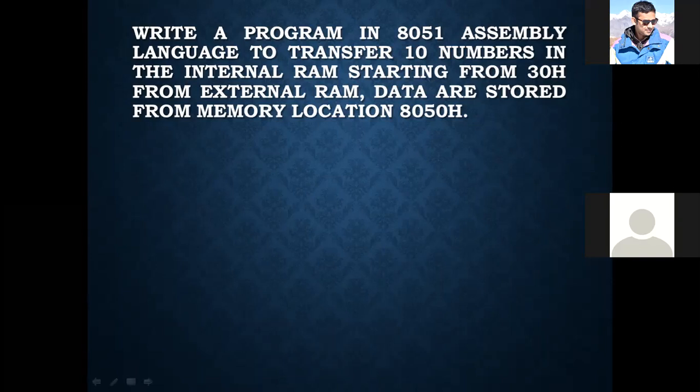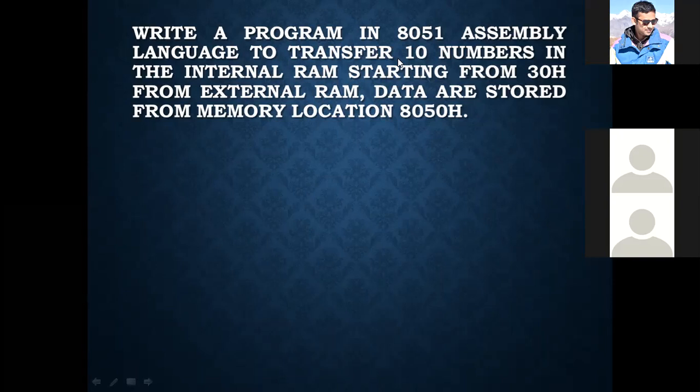Can anyone tell? ORG 000H. This is the starting line of the program. It indicates that the program will start from 0000H, or the content of the program counter will be 0000H.